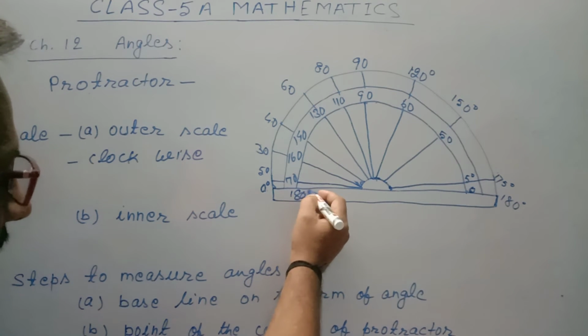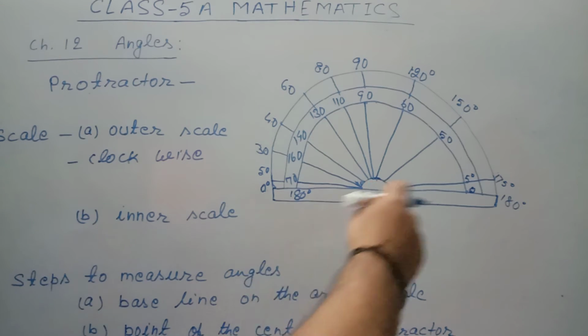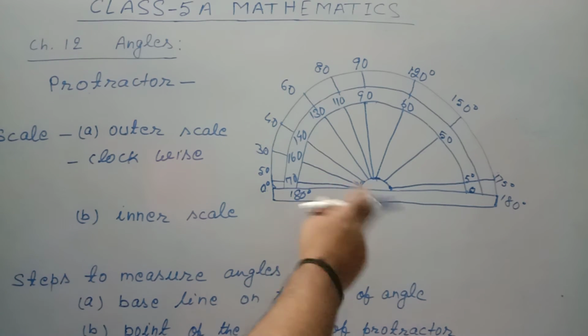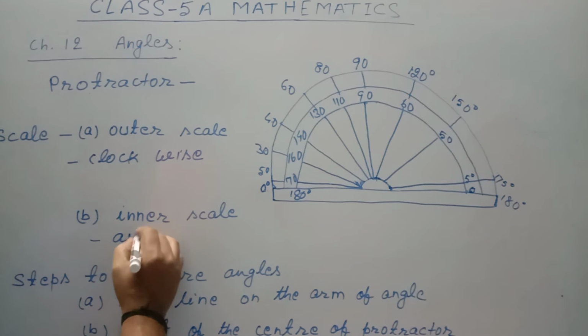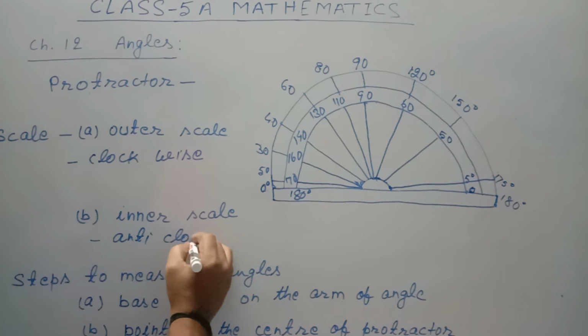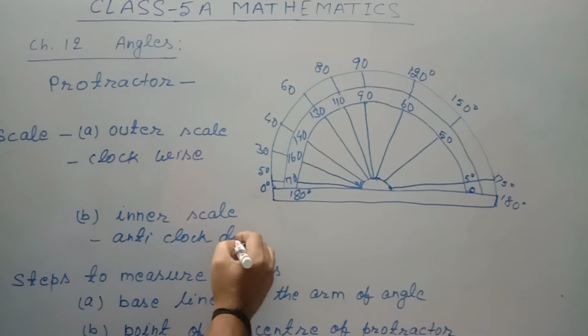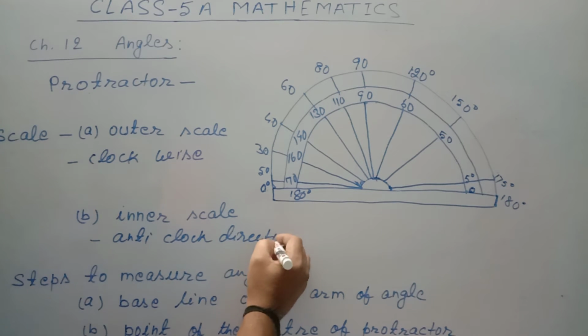Here is 180. So this is the inner scale, and the inner scale follows the anti-clockwise direction. These are the two scales of the protractor, and both scales are used to measure angles.